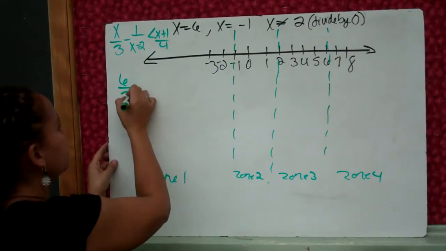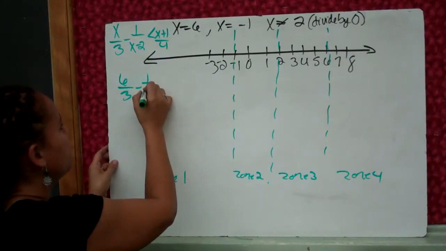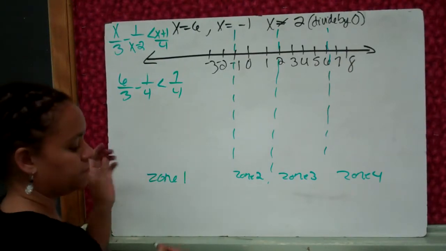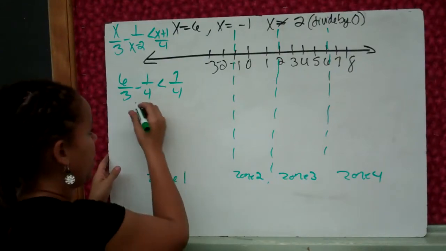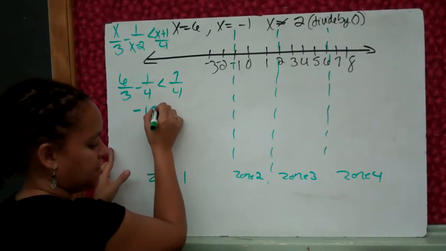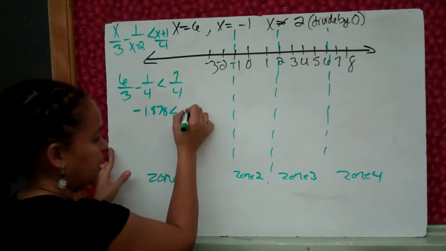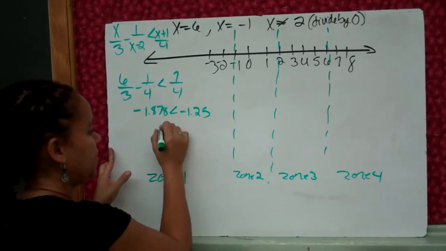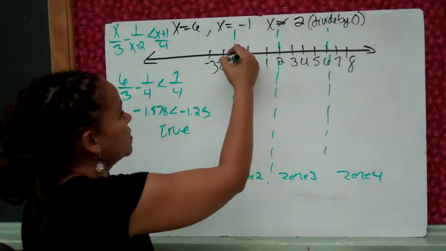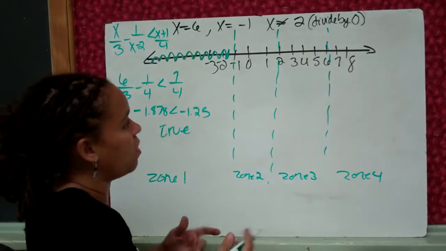So negative 6 over 3 minus 1 over negative 8, because negative 6 minus 2, is less than negative 5 over 4. So if you simplify that, use your calculator or just keep it as fractions, you end up with negative 1.875 is less than negative 1.25, and that's true. So we would actually shade that part. All of this would be shaded, because if one value works, all of them will work.